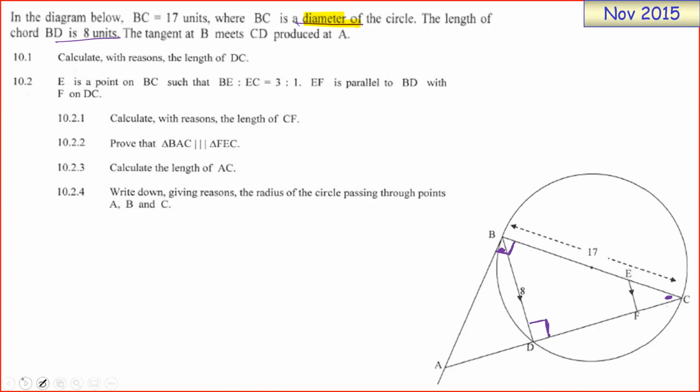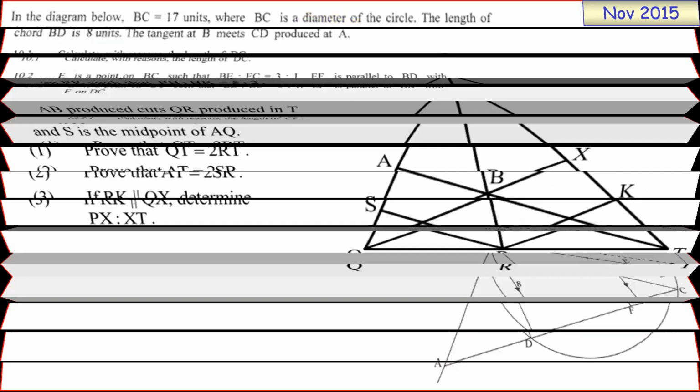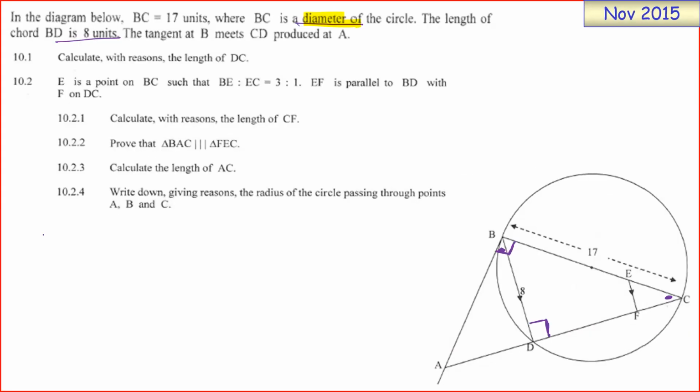Pythagoras. Pythagoras, well done. So what is Pythagoras saying? For those of you who are not seeing that, let me highlight the triangle for you. So if we look at the right angle triangle, and that's the yellow one, we have 17, and we got our 8, so we can use Pythagoras to work that out. It's 15, sir.